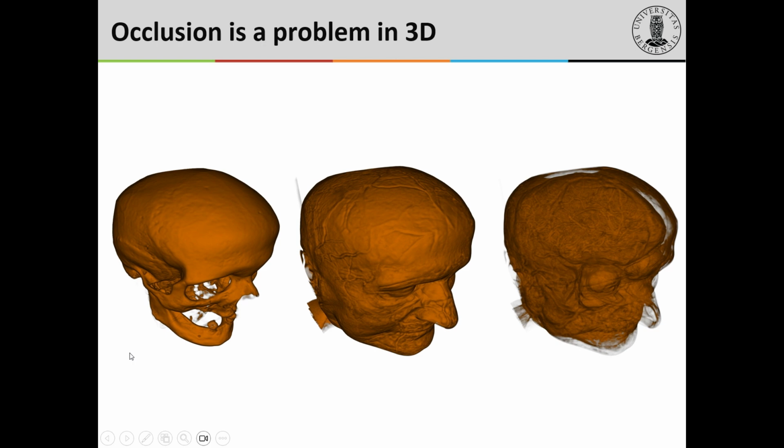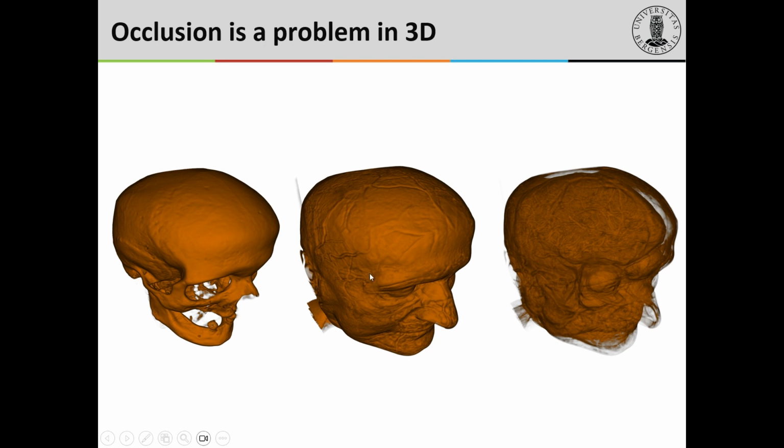And skeleton is usually not very hard to visualize. It's easily classified by high density values. And also, it's usually not occluded by other data or other structures that have same or similar density values.